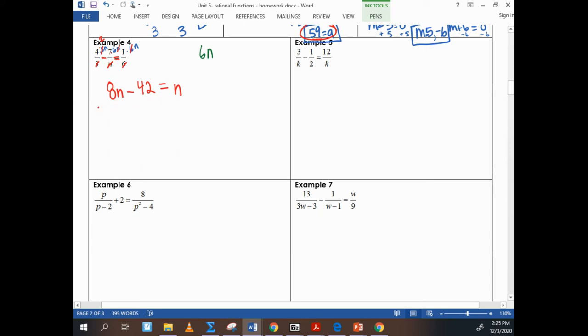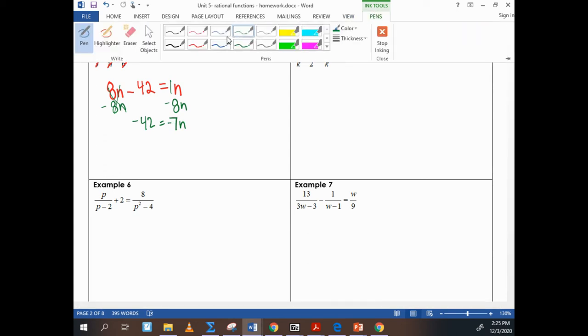Look, this is exactly what I wanted. No denominators. It's an easy one to solve here. All I'm going to do is subtract 8n from both sides. We're going to get n's together on just one side. So I have negative 42 is equal to, well, 1n minus 8n is negative 7n. There we go.